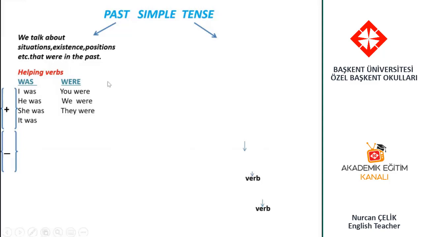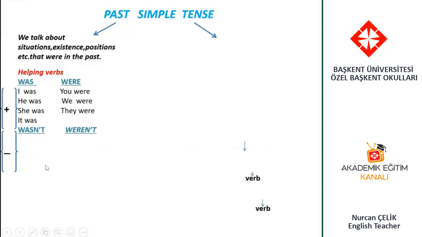When we make positive sentences, we use was and were with the following pronouns, like in these.